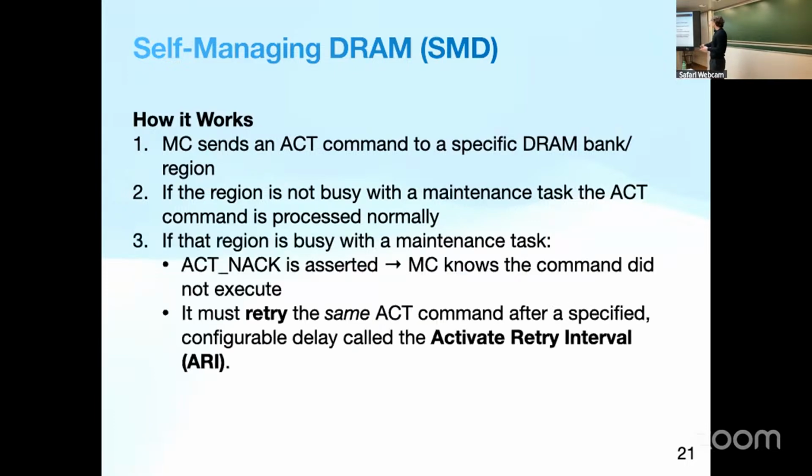However, if the region is currently busy with a maintenance task, then a negative acknowledgement is asserted. And this just lets the memory controller know that the command did not execute. It then has to retry the same activation command after some delay. This is called the activate retry interval and can be found empirically.